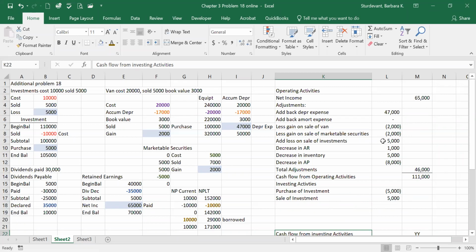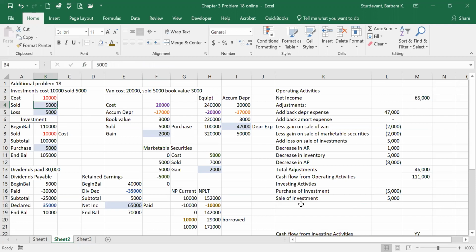Of another 5,000, it's a positive. If I add those two numbers together, what do I get? What's 5,000 plus 5,000? 10,000. Do you see what this is right here? Those two added together are always going to equal your cost when it's an investment. Just kind of a way to check your numbers.